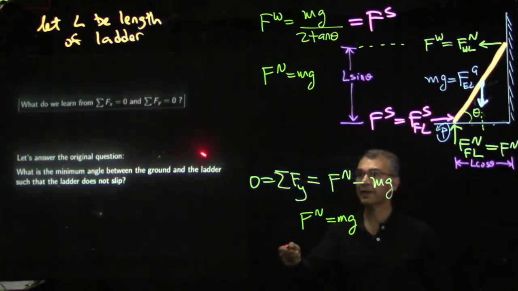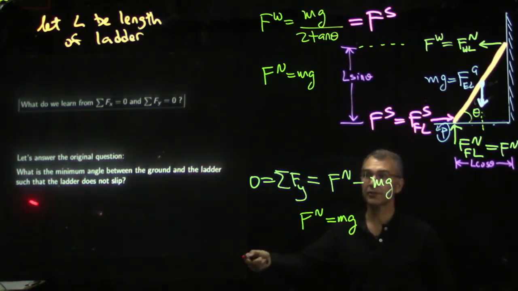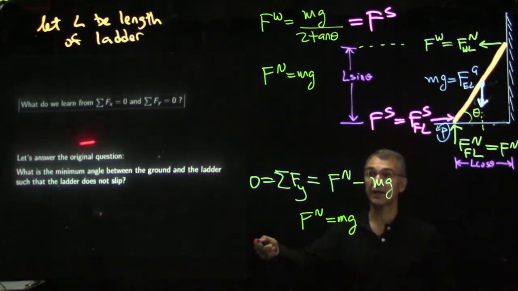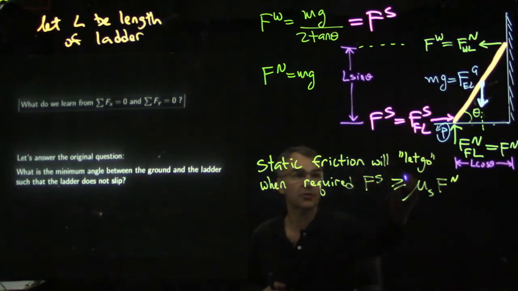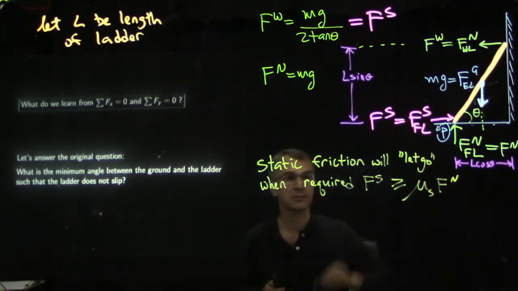Now let's go back to the original question. What is the minimum angle between the ground and the ladder such that the ladder does not slip? Well, to know that, we have to work out the static friction force and compare it with the maximum allowed value for the static friction force. The ladder will slip when static friction gives out. Static friction will let go when the required static friction force is bigger than or equal to mu static times F normal.